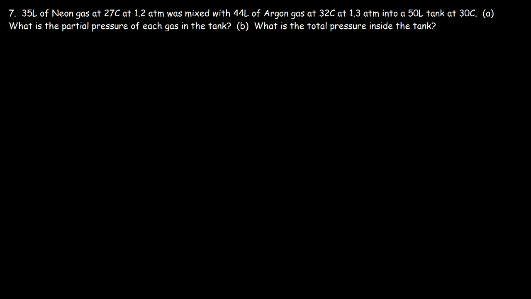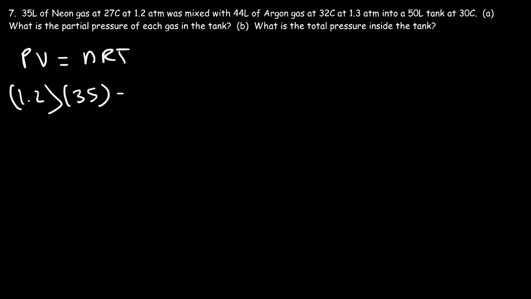So the amount of moles that we had of neon before we added into the tank, which we can find based on that information, is going to be equal to the amount after once we put it into the tank. The moles is not going to change. So let's use this equation, PV is equal to nRT, to calculate the moles of neon. The pressure is 1.2 atm. The volume initially is 35.